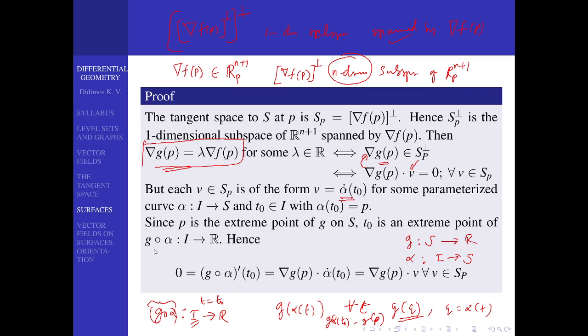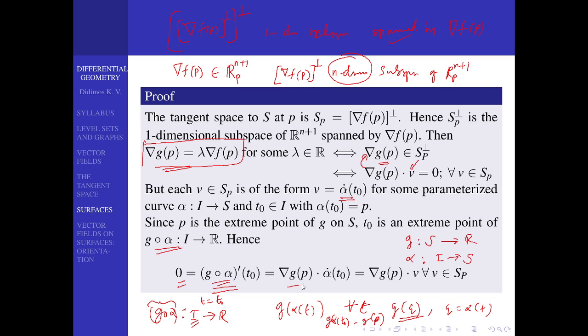Using the idea of real functions, whenever a smooth, that means differentiable, real function has a maximum value, at that point the derivative of that function is 0. So we start with 0 equal to the derivative of G composition alpha at the point t equal to t naught.